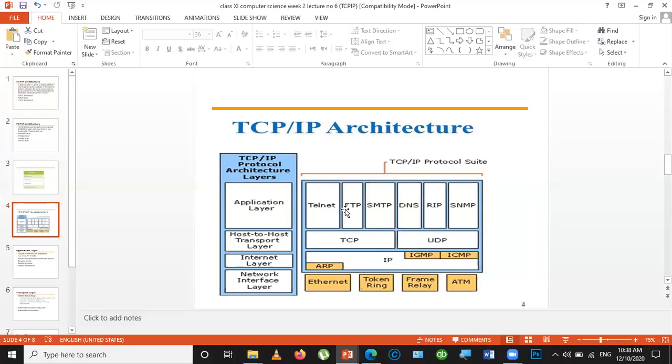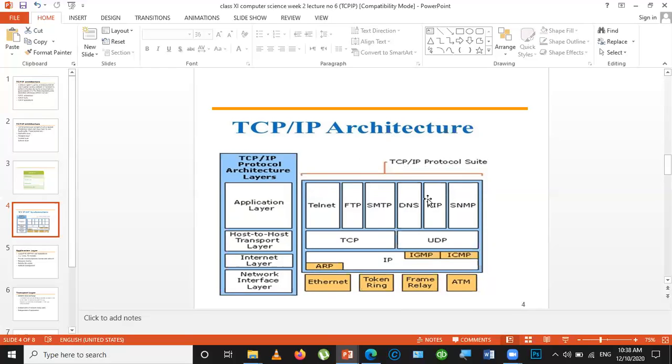So the application layer has these protocols, and then the transport layer has TCP and UDP. The internet layer has ARP, IP, IGMP, ICMP, and these protocols reside in the internet layer. And then the network interface layer has Ethernet, token ring, frame relay, ATM. All these protocols make up the TCP/IP protocol suite.